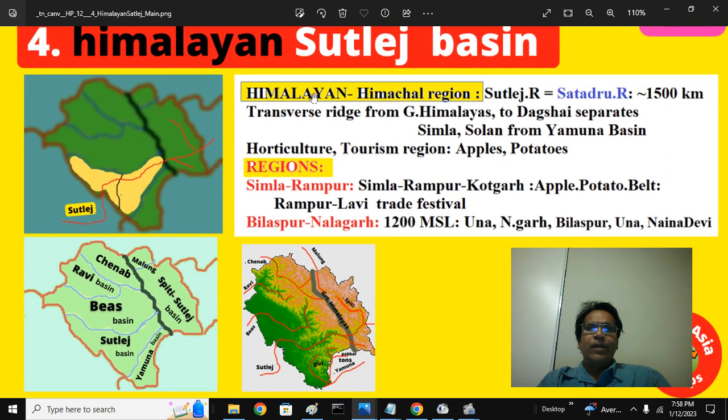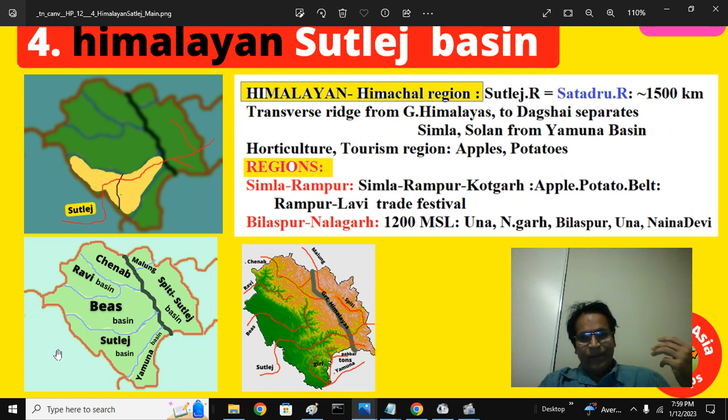This is the Himalayan Himachal region. The Sutlej River flows around 1500 kilometers from Manas Sarovar Kailas to its Uch reef.